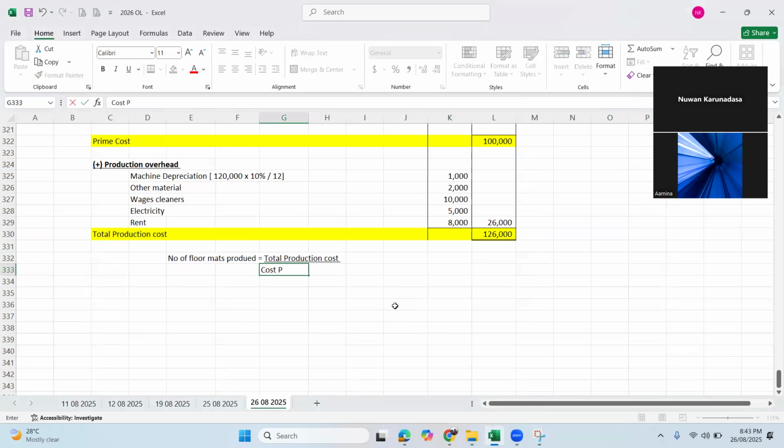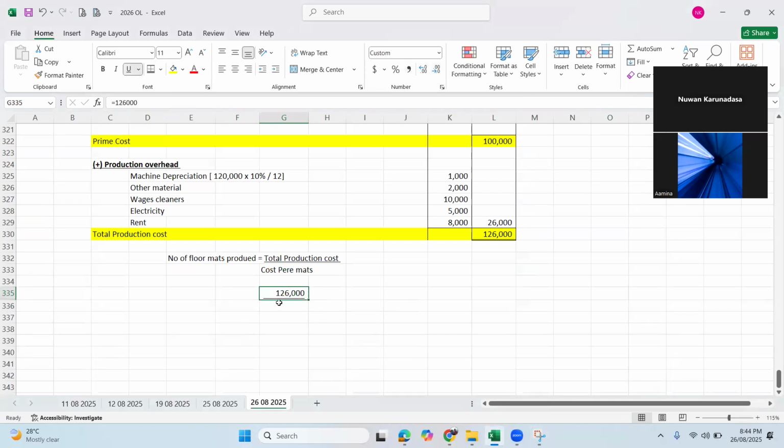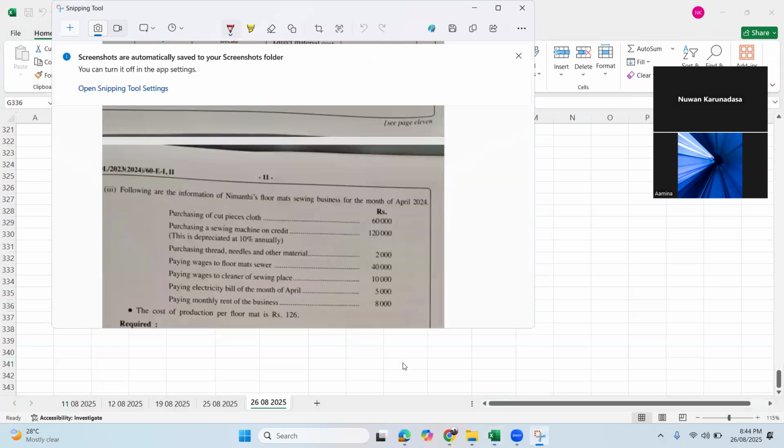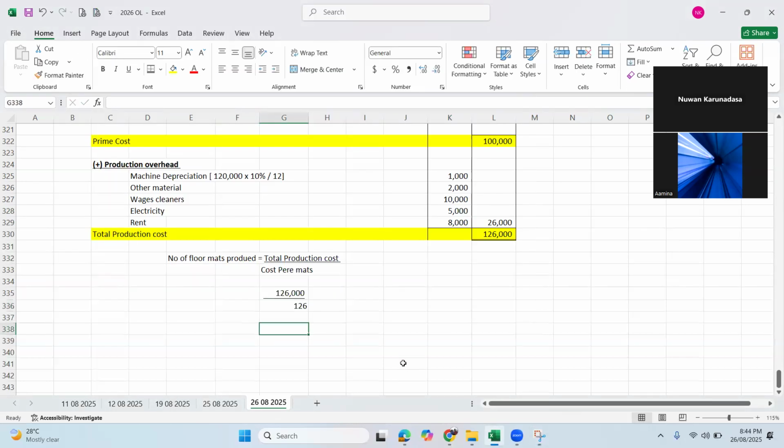Cost per mat equals 126,000 divided by, how many mats? Per mat cost is 126. Then here the answer is 1000 units. This is the answer. Done.